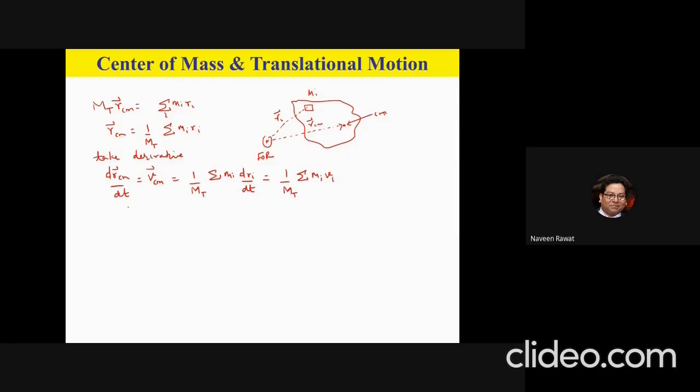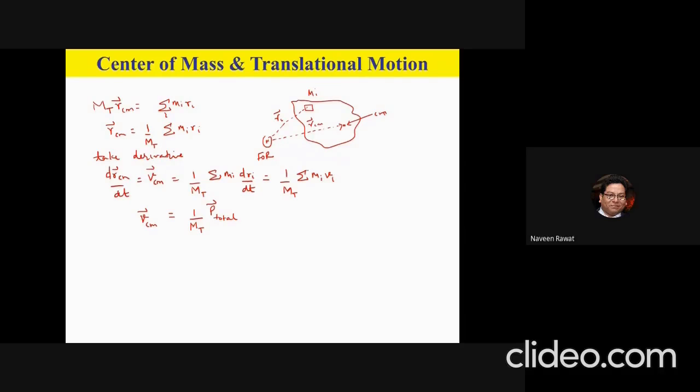So we can simplify this and write v of center of mass is 1 over the total mass times the total momentum of the system, which is the summation of all the mass times velocities of each of these individual masses present in the system.